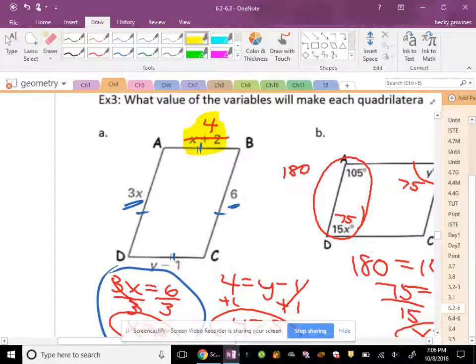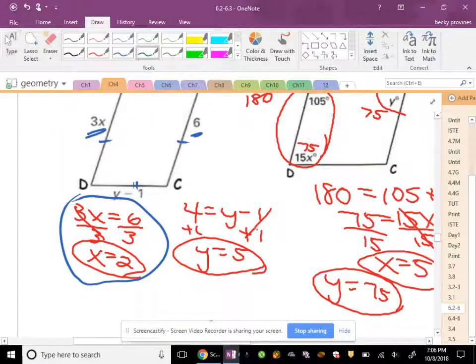I just plugged it in for the x. So 2 plus 2 is 4. So now I know that 4, the top, is equal to the bottom, which is y plus 1. So let's add 1 over to the other side and get y is 5.